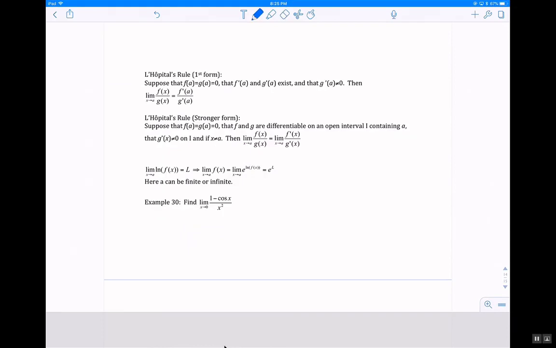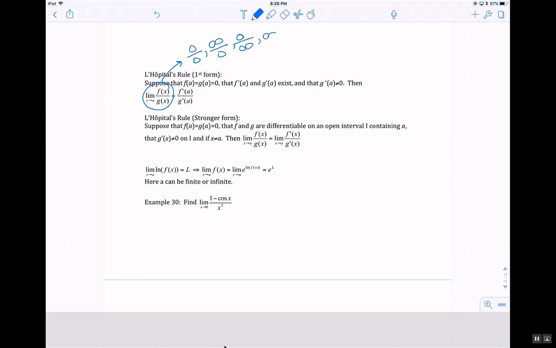Okay, so the last one is regarding L'Hopital's Rule. L'Hopital's Rule is an evaluation of a limit. But in order to evaluate the limit, you actually have to take the derivative, which is why this is in this particular lesson versus the different lesson where all the limits were. So L'Hopital's Rule is designed to find the limit when nothing else works. You get 0 over 0, infinity over 0, 0 over infinity, or infinity over infinity.